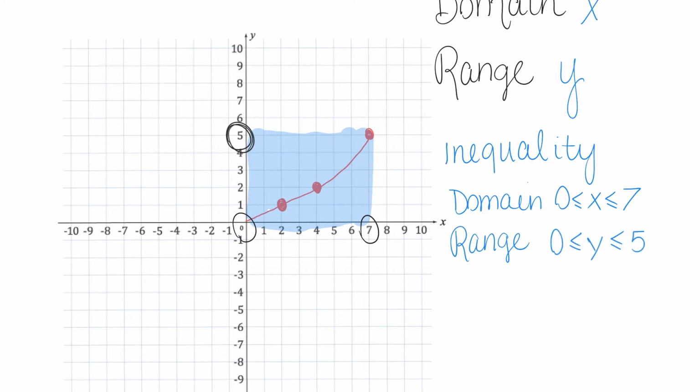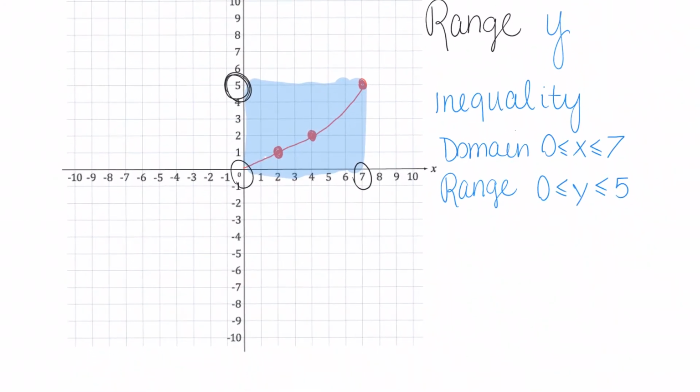The other type of notation that we use a lot with domain and range is called interval notation. So interval notation is a little bit different. I like to think of it as being a little more formal, if you will. In interval notation, we're going to use brackets. And there's two types of brackets. There's square brackets and there's rounded brackets.